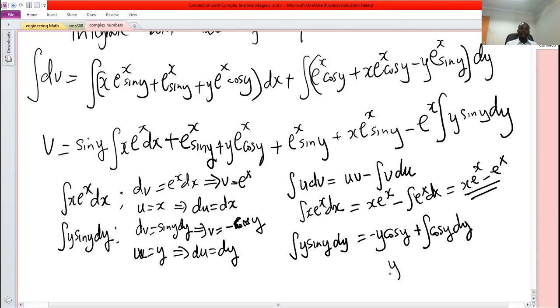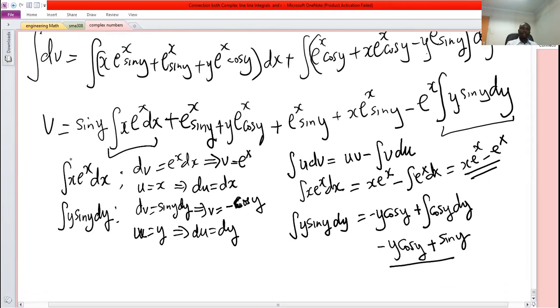So it will just be negative cosine of y. Integration of cosine is sine, positive sign. So we have this y part here, and this one for the x part here.